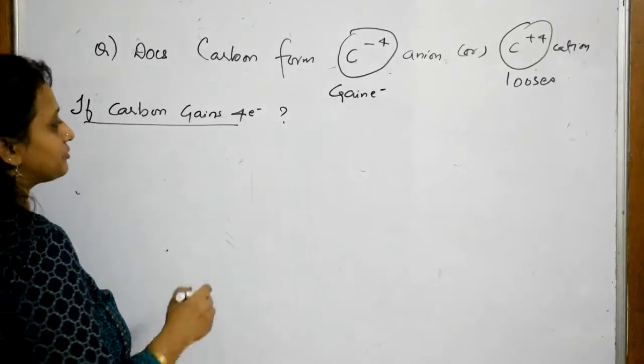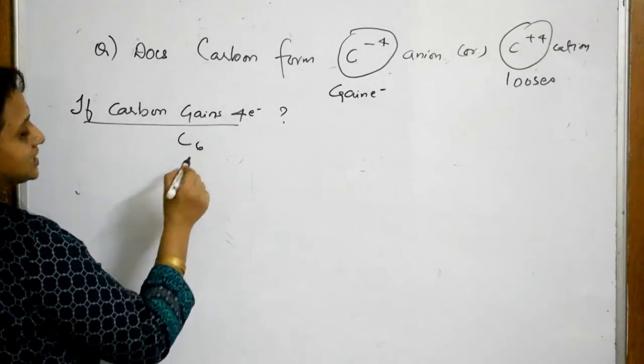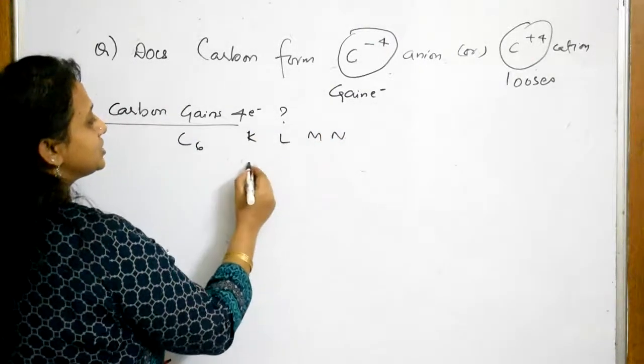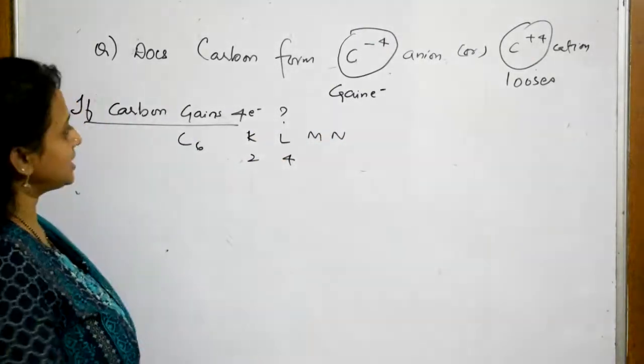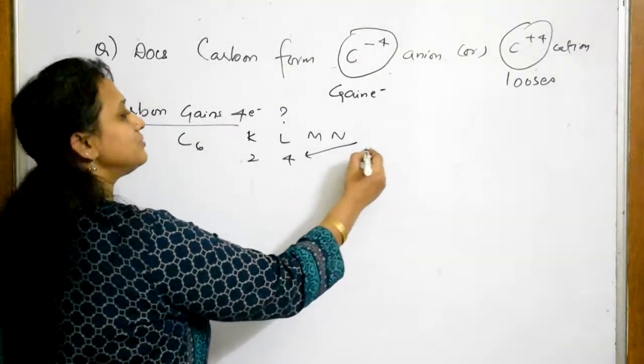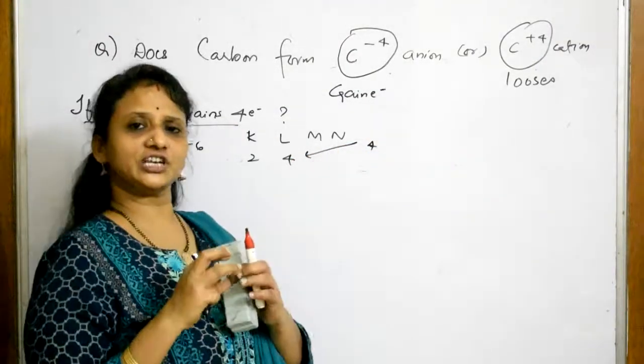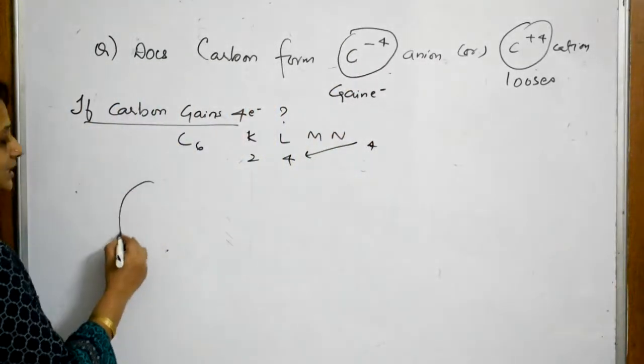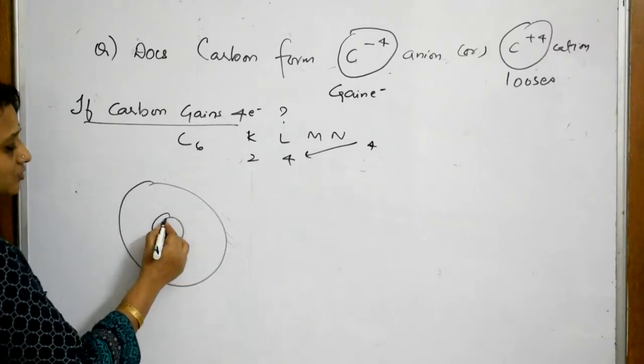Now, what is the atomic number of carbon? Carbon is 6, correct? So K shell, L shell, M shell, N shell: 2, 4. Now they are saying carbon will gain 4 electrons from somewhere else. It tries to share bonds and gains 4 electrons. How does it look? Suppose I take a carbon atom like this and draw the nucleus.